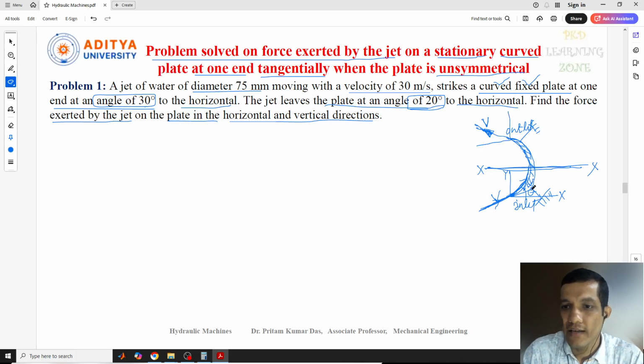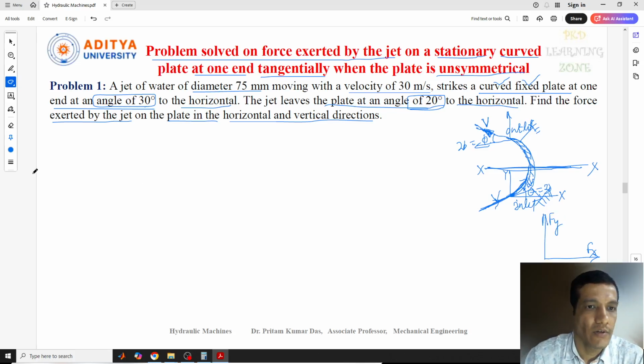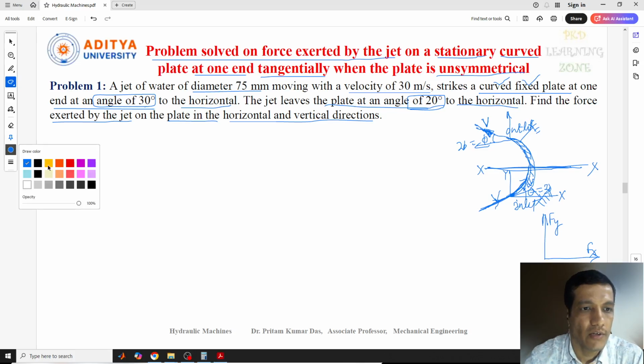Theta equals 30 degree as given, and at the outlet condition the angle is phi, and phi equals 20 degree as given. We need to find the force exerted by the jet on the plate in the horizontal and vertical directions. That means we need to find the force Fx and the force Fy.